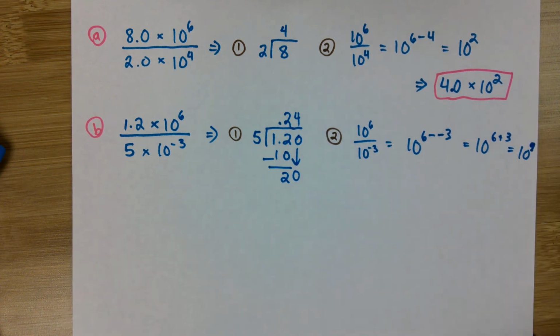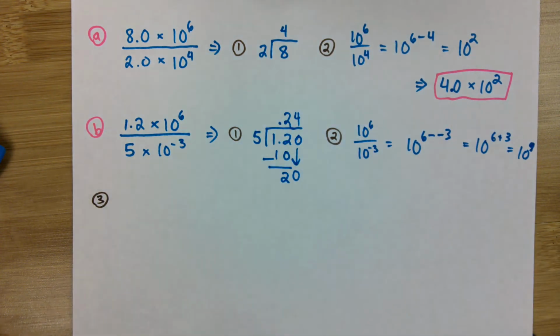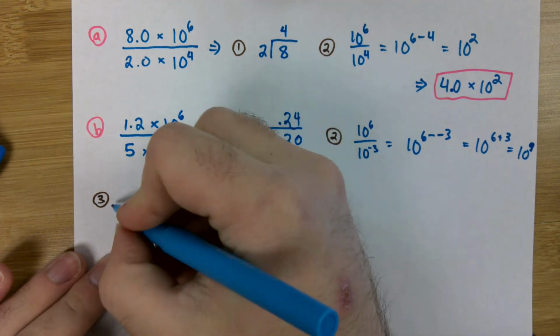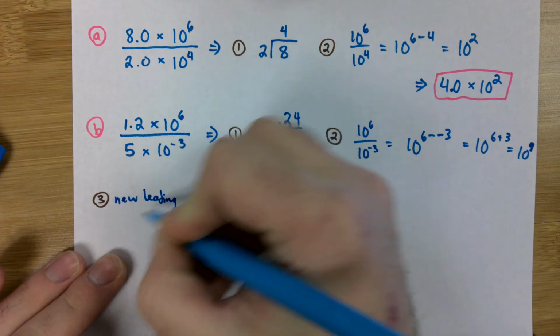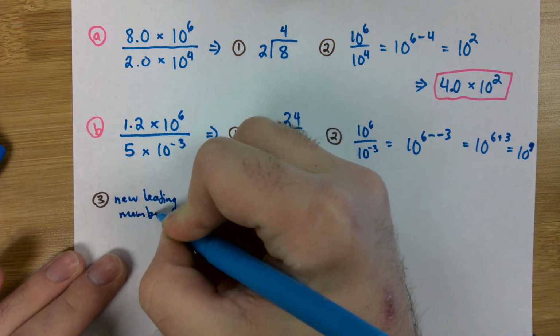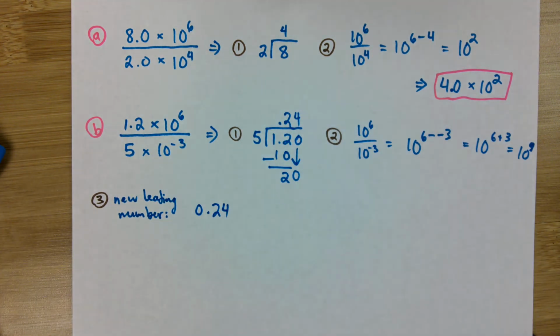Now that's really close to the notation that we want, but we've got to go in there and change that decimal. So our new leading number is 0.24. Where do we want our decimal to end up in this number so that it's in the right spot?